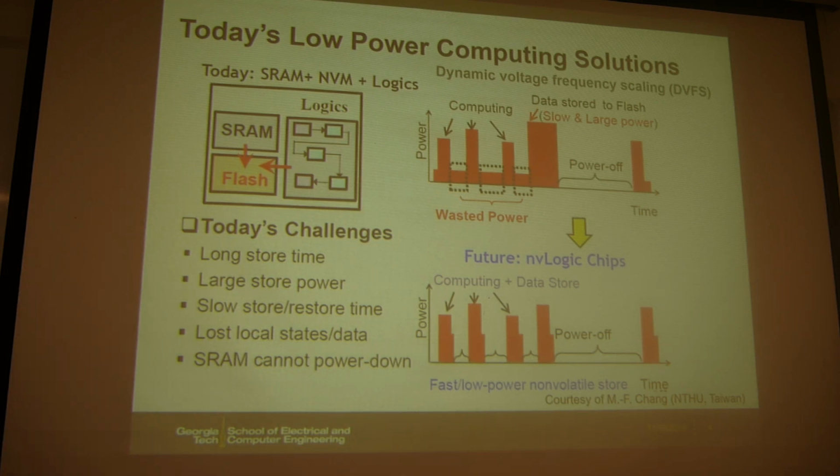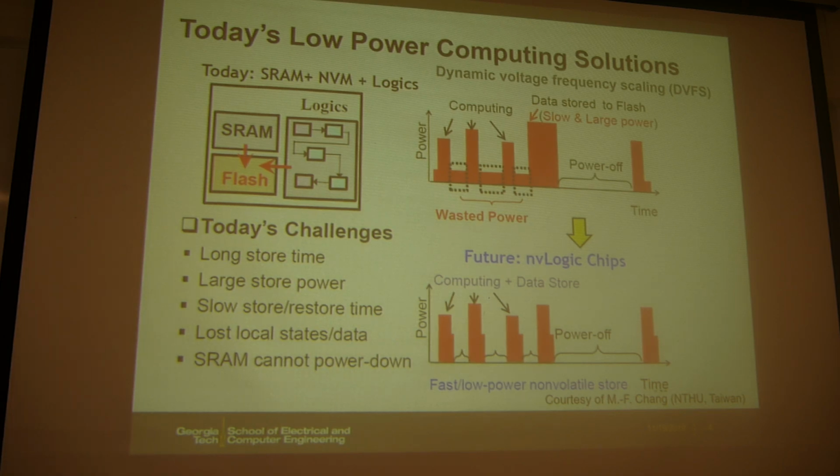So the idea here is to build the non-volatility into the logic and try to integrate those non-volatile memory, especially those emerging technologies as we discussed, like RRAM or STT-MRAM, into the logic.